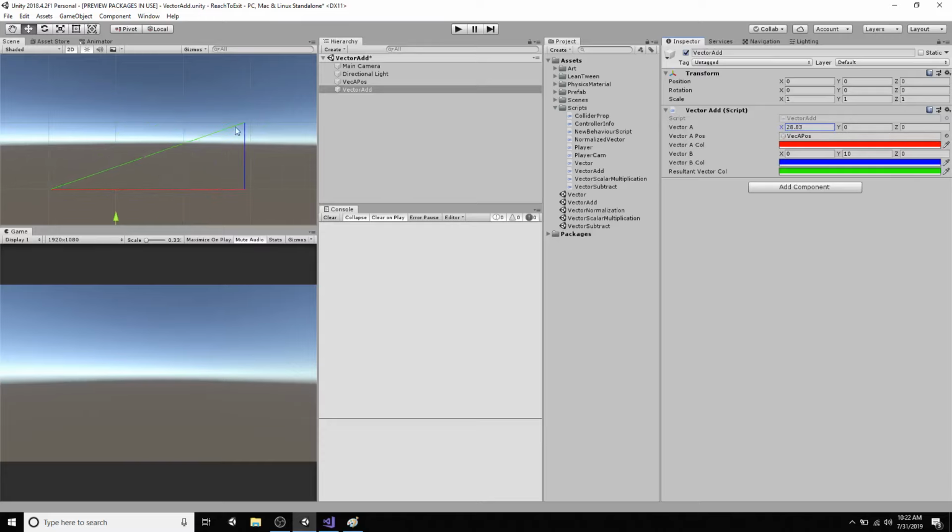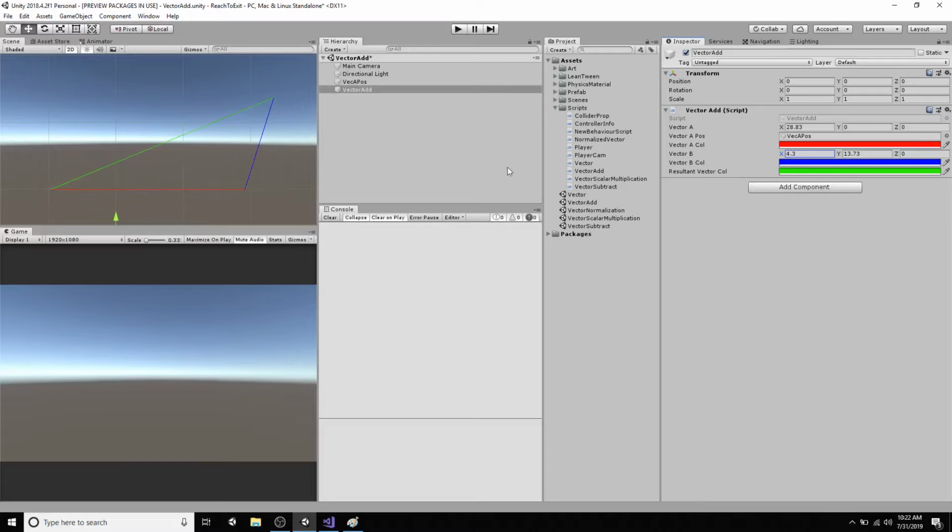This resultant vector is also getting stretched. Vector a I represented with the red line, and vector b, that is this blue, is 0 comma 10 comma 0. Now if I increase it like this in the y-axis, see the resultant vector is also getting affected. I can even do it in the x-axis.